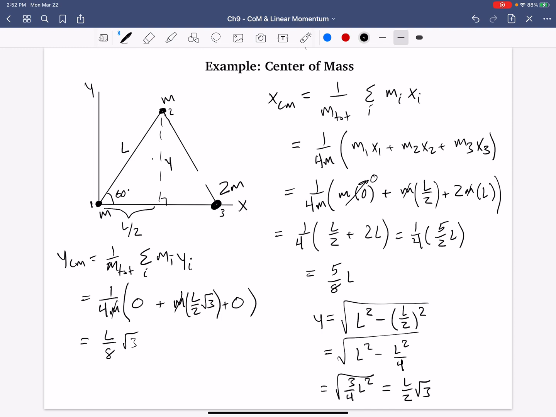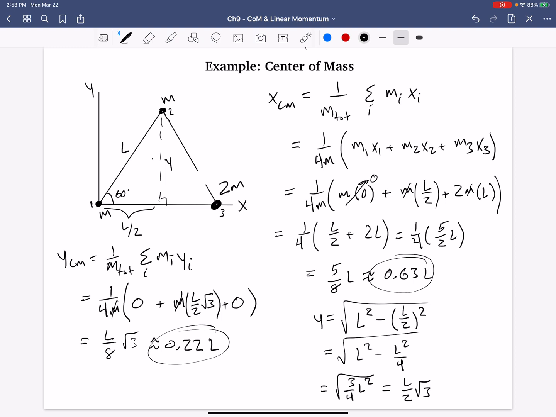Now we have that value, which is roughly 0.22 L, 0.22 times whatever the side length is. And by the way, 5/8 is roughly 0.63 L. So with those two, we can find the xy coordinate for the center of mass.